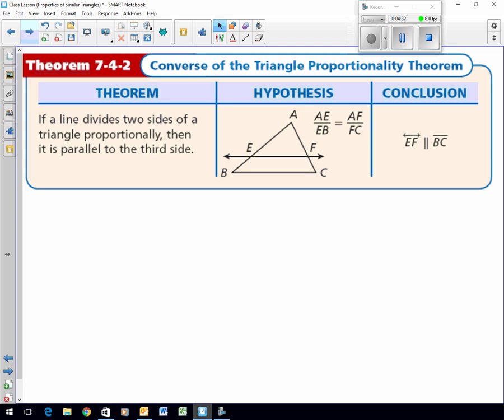In the theorem, I said if there's a line running parallel to a side of the triangle that intersects the other two sides, it divides them proportionally. Here, what I'm saying is, if the sides of a triangle are divided proportionally by the line that intersects both those sides, then it's parallel. See how you go from one to the other, from A to B, and then use B to get back to A.